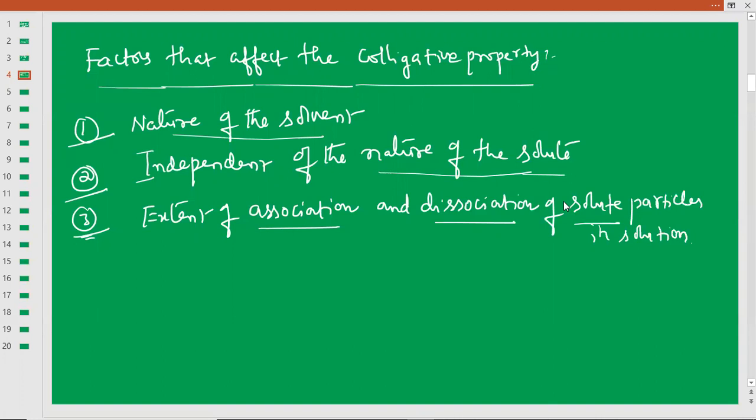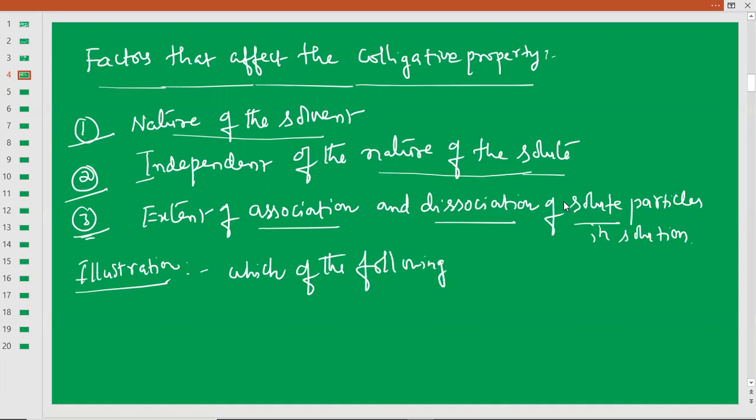Now let us see an illustration. Which of the following is not a colligative property? We will see some options here. Optical activity.